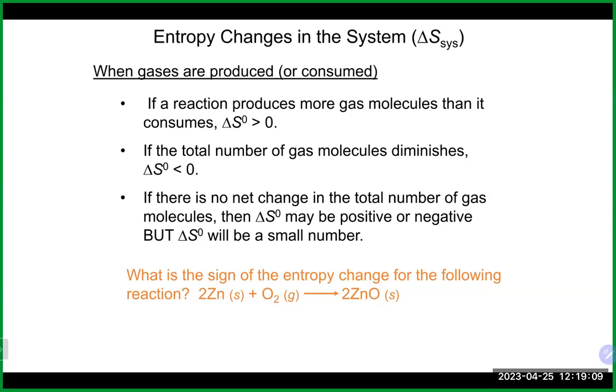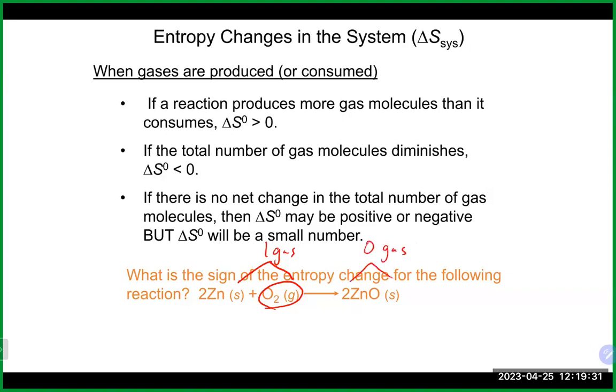So just simply looking at the reaction on the bottom, would we expect the delta S value to be positive or negative in this case? So let's see, left-hand side here, we have a grand total of only 1 gas molecule, right? This guy. And over here, we have none, right?